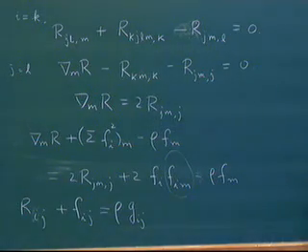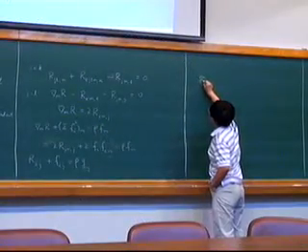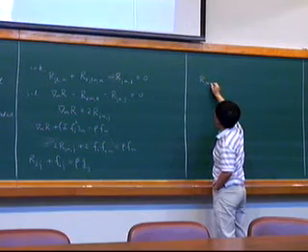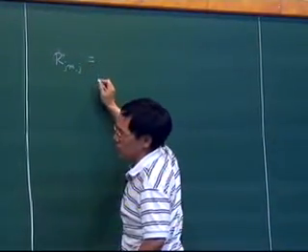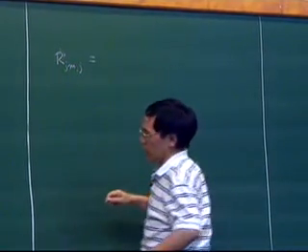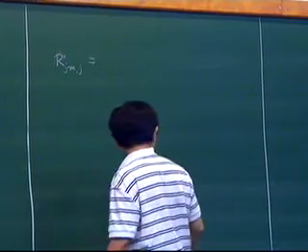So R Jm J equals to, in general, take a general case.